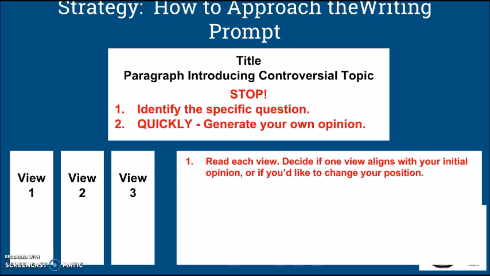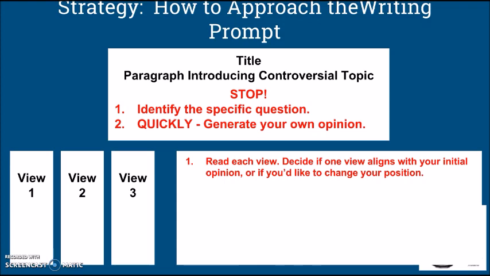And initially, when I read the 3 views that accompanied this prompt, I thought I was happy with my initial position. For the most part, I found that it overlapped with 2 of the given positions, and I thought I'd be able to write a strong essay defending my initial position and incorporating both the views that agreed with mine and the one counter position that's also presented.